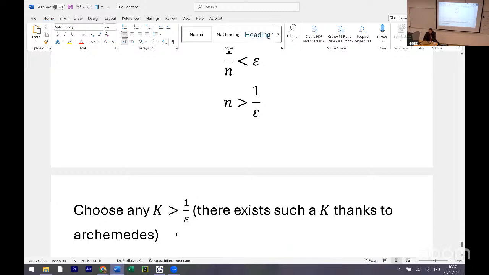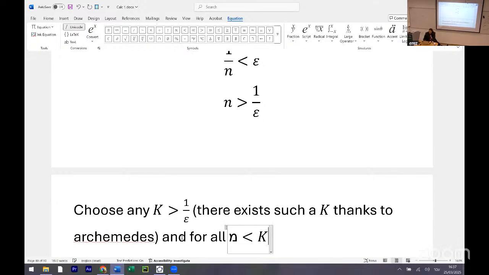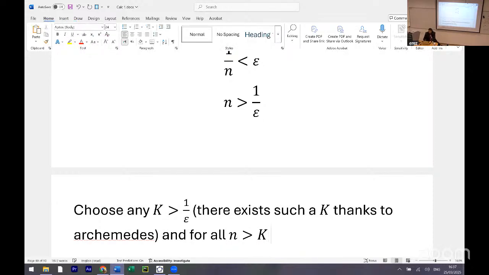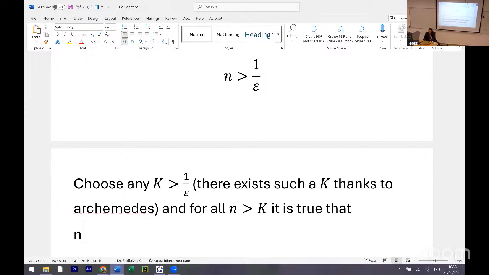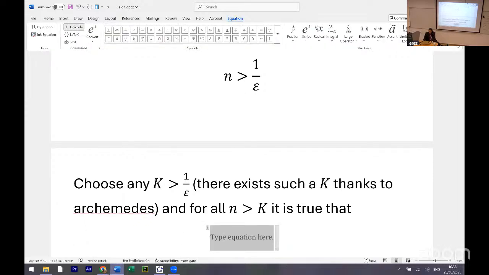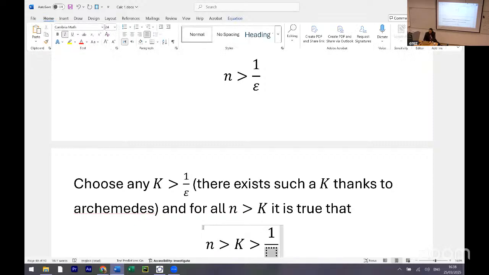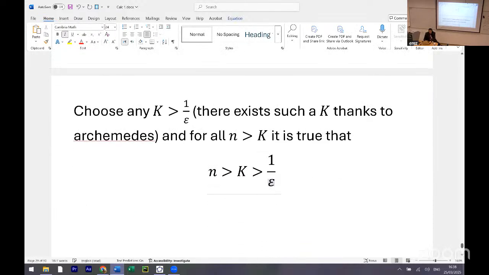Okay, and for all n larger than k, it is true that n is larger than k, obviously, which is larger than 1 over epsilon, and QED.